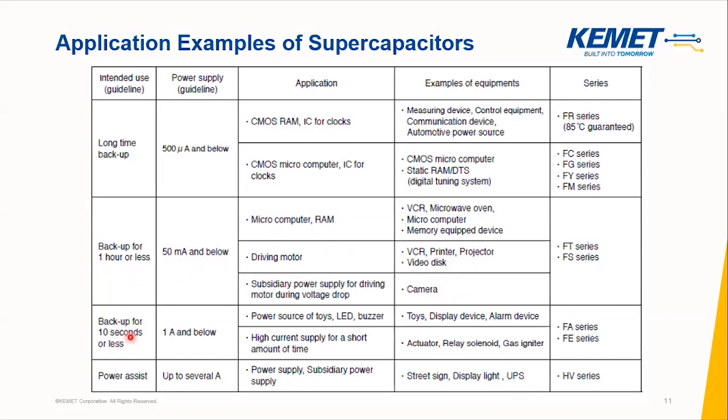When it comes to a backup time of 10 seconds or less, 1 amp and below, there are other applications like power sources of toys, LEDs, buzzers. So these series are suitable. And for power assist power supplies, we go for the HV series. So this is another table that can help you look for the right series for your application.